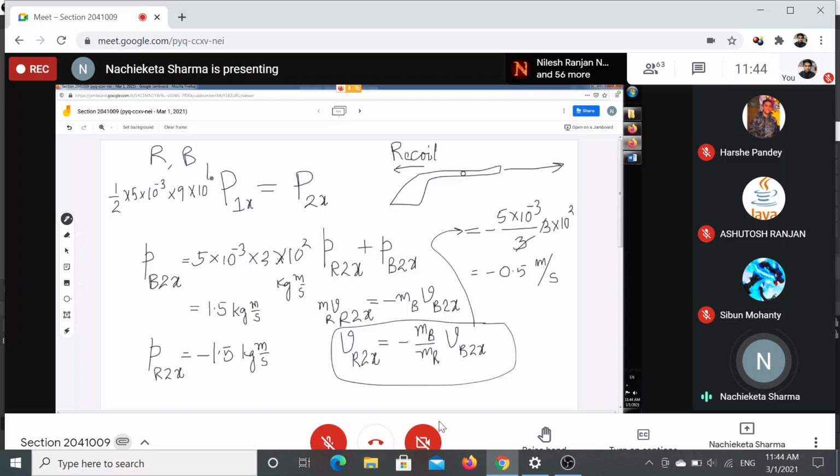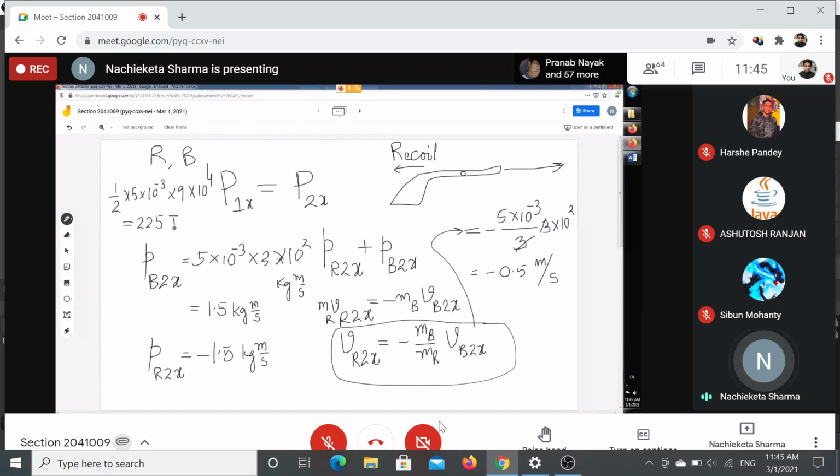So what do you get? Minus 3 plus 4 is 1, so 10. So 2.5 into 9 is 22.5, into 10 is 225 joule. So the kinetic energy of the bullet is 225 joule.